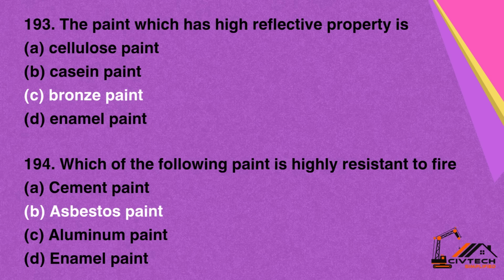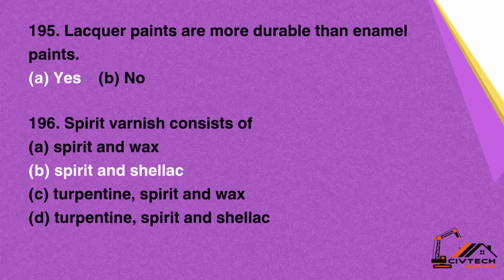194. Which of the following paints is highly resistant to fire? A. Cement paint, B. Asbestos paint, C. Aluminum paint, D. Enamel paint. Correct option, B. Asbestos paint. 195. Lacquer paints are more durable than enamel paints.